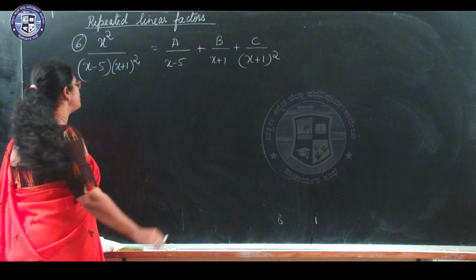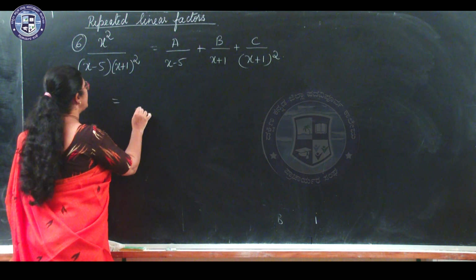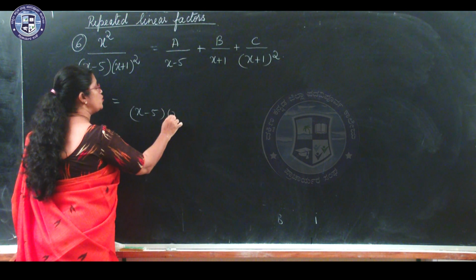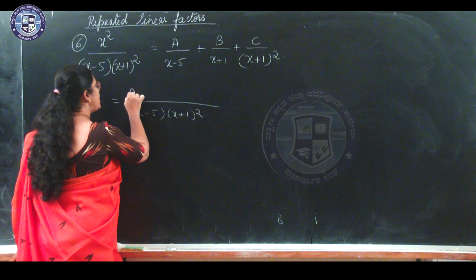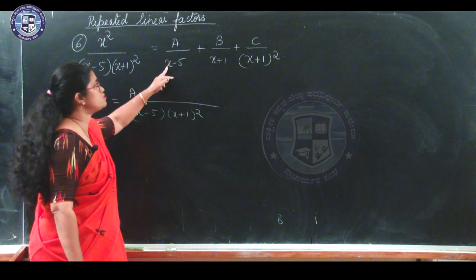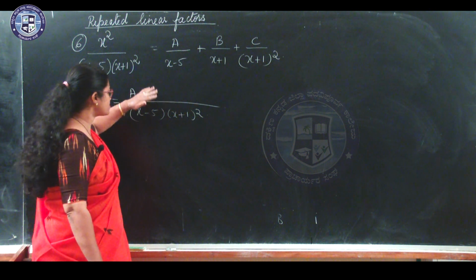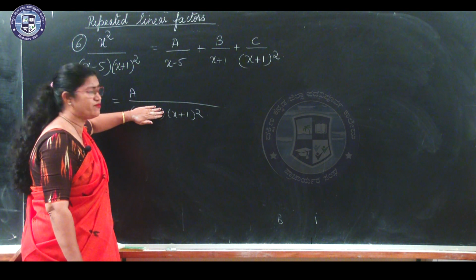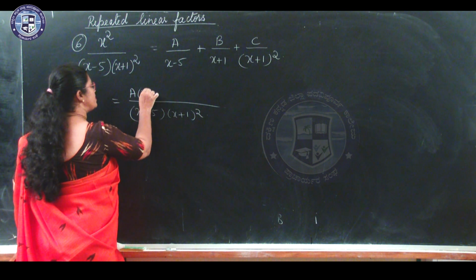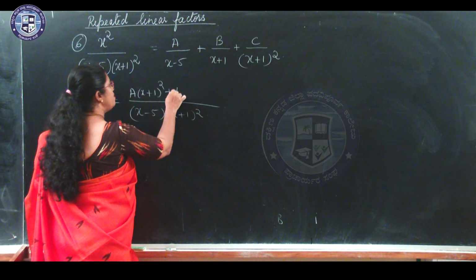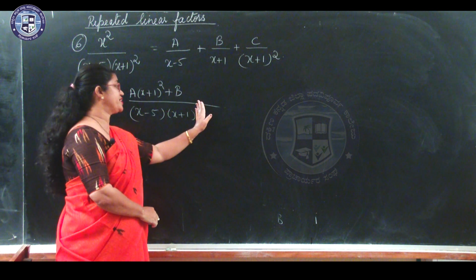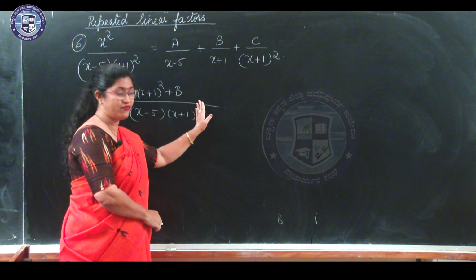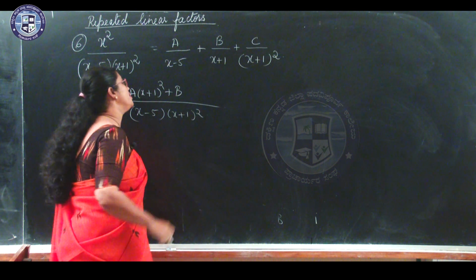Take the LCM. When you take the LCM, (x minus 5) into (x plus 1) the whole square. Now, here it is a into x minus 5, close x minus 5, what is not there is (x plus 1) the whole square. B into denominator is x plus 1, one factor is not there. So, I need one factor, and I also need x minus 5.